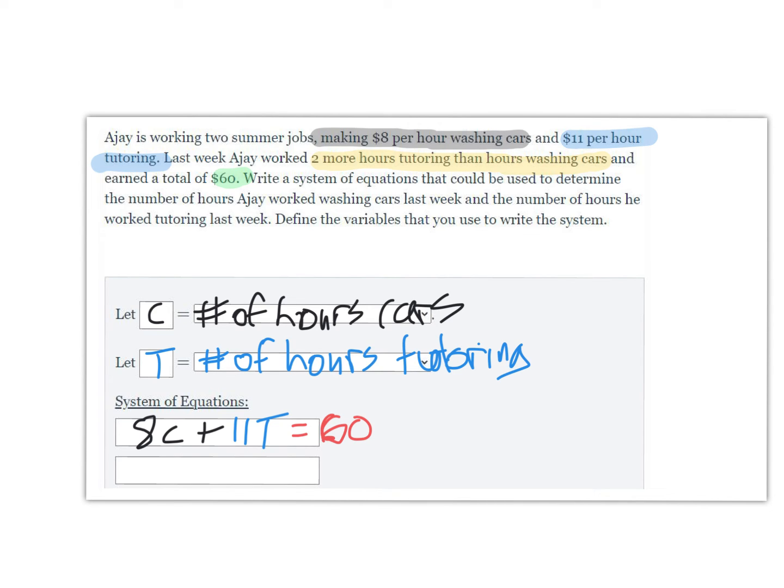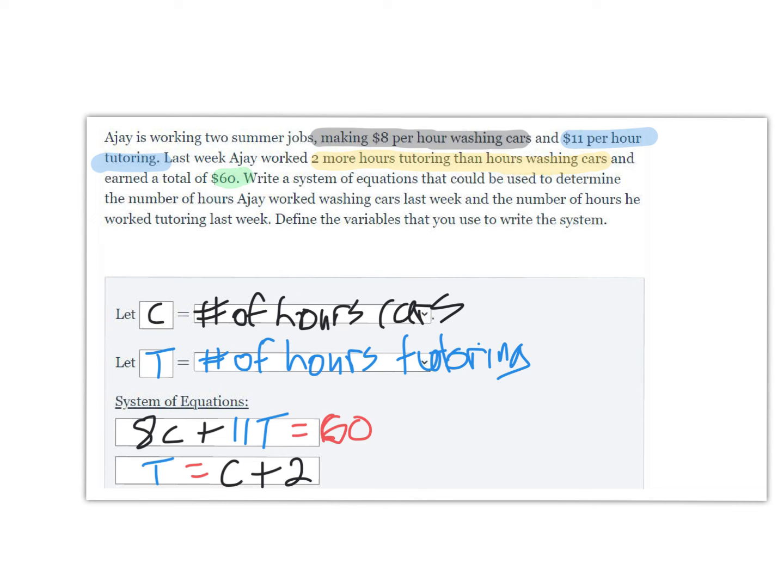So we could say that the tutoring is equal to 2 more than washing cars. So we could say the cars plus 2. That's how you would represent he did 2 more hours tutoring than washing cars. All right, so that's the first one.